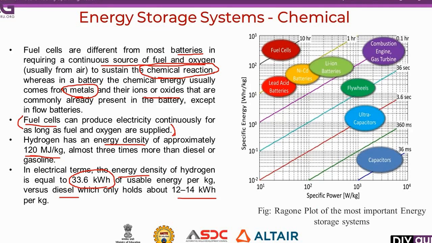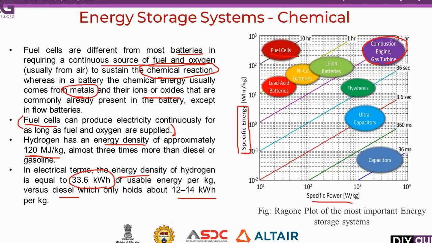See, if you look at the plot on the right hand side, you have the specific power, and we have the specific energy on the y-axis. The most commonly used energy storage systems are given here. See, mainly in fuel cells the specific energy is low when compared to other types of energy storage. Also, the combustion engine gas turbine has both specific power as well as specific energy.